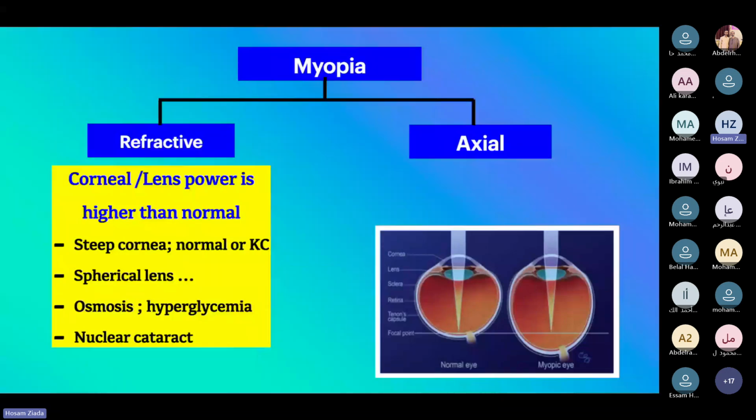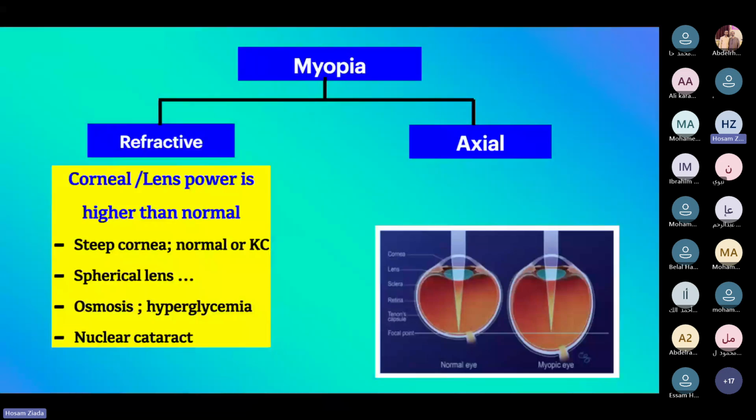So axial myopia means that the axial length of the eye in myopia will be more than 24 millimeters. So the travel of the light rays will end before reaching the fovea. The focus will be formed in front of the fovea because of the longer axial length. So it's called axial myopia.